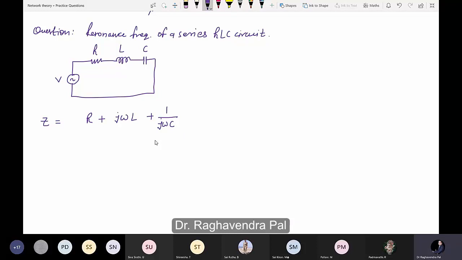Now, what we have to do? We have to solve it in such a form. Okay, a form we have to create where there is only one term containing j into something, and plus some constant, anything may be there, something else.